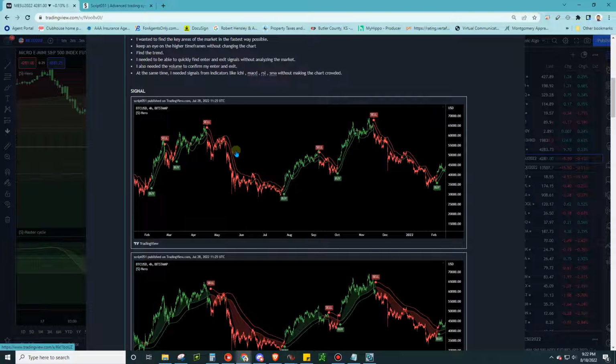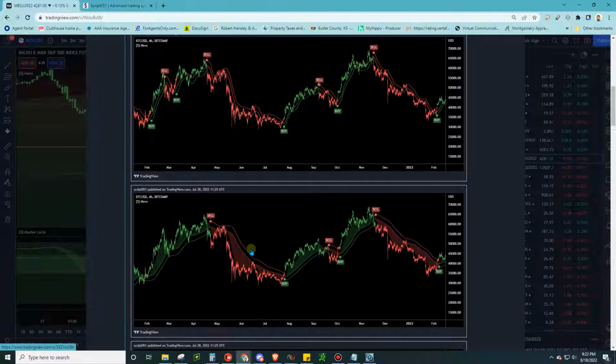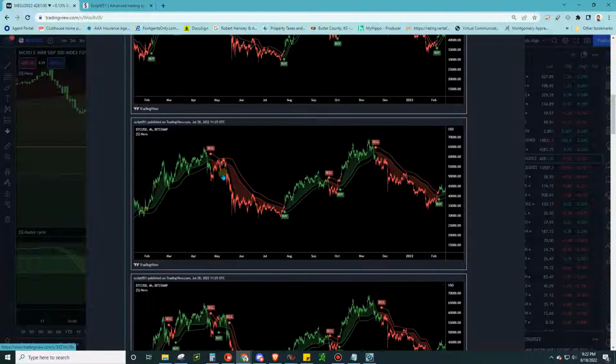So here's the first part, just a basic signal indicator highlighting the trend. That's really easy to see, nice and clean. It also has some sort of moving average or something happening here where you've got more of a confirmation.